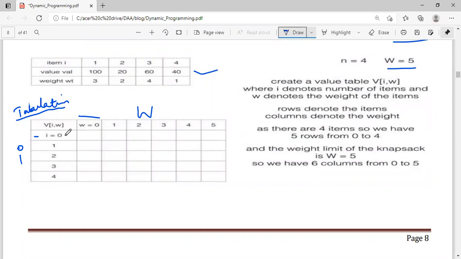And here the items are 0, 1, 2, 3, 4. How many items do I have? 4. Clear? When you make this table, then only you can solve the 0/1 knapsack problem using dynamic programming.